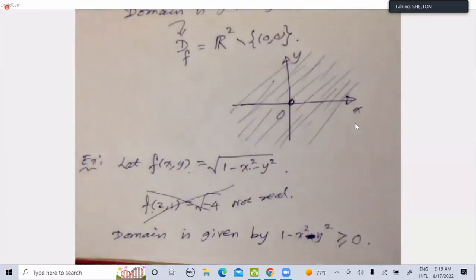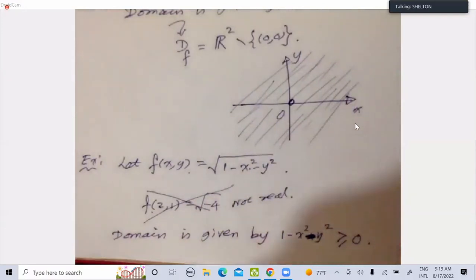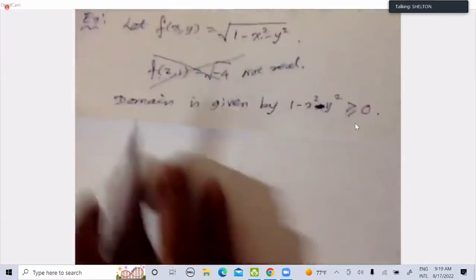Same rules apply. 1 over something, bottom should not be 0. If there is a denominator, denominator should not be 0. If there is a square root, inside must be greater than or equal to 0. Otherwise, you won't get a real output.